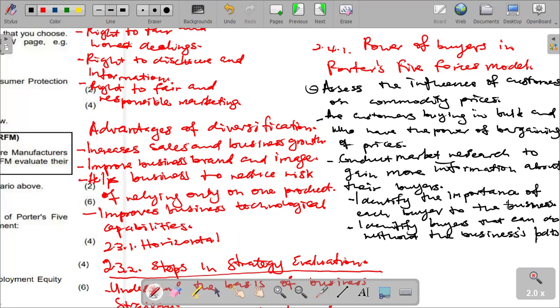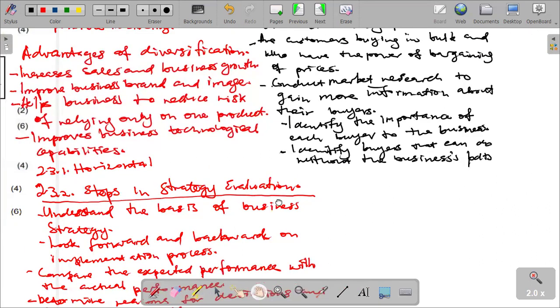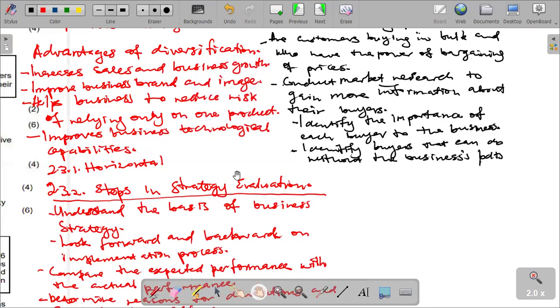And then one other point, which is on 2.4.2, which has to do with the threat of substitutes. 2.4.2, we're talking about threat of substitution.